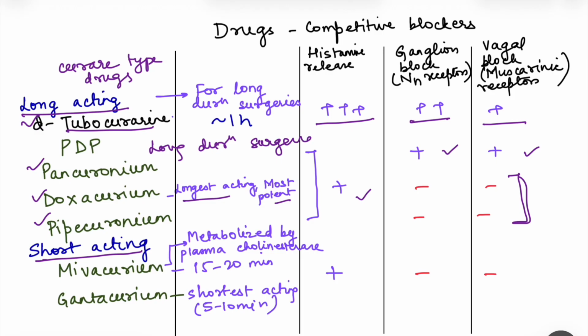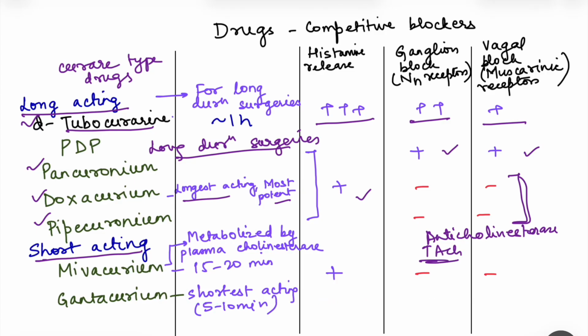And generally these drugs require reversal. And how the reversal of the neuromuscular blocking effect will take place? We have to give anticholinesterases, that we have seen that anticholinesterase block the cholinesterase enzyme, increase acetylcholine, and that causes the reversal, right?